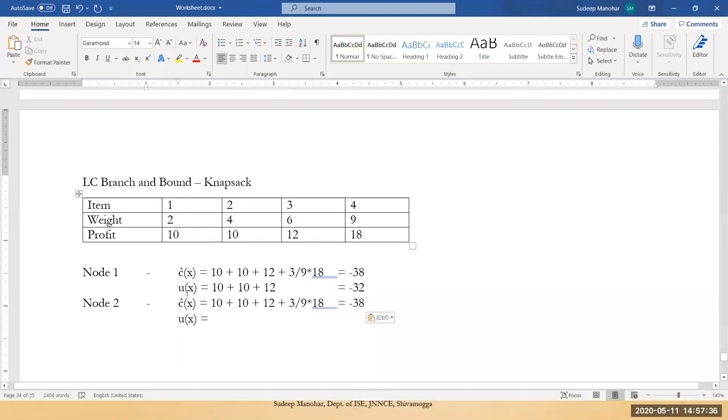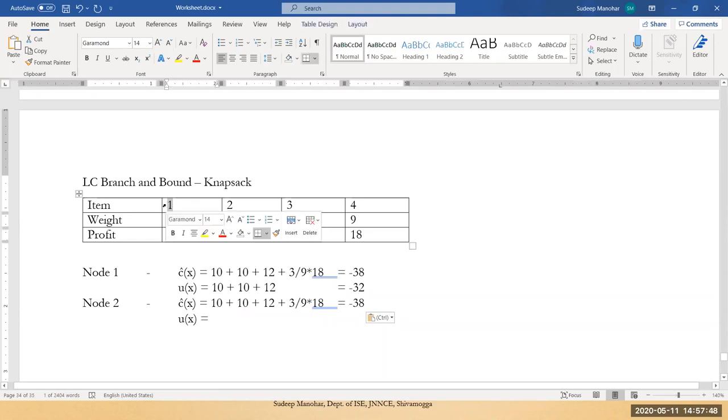Next step. What is u of x? You are not supposed to take the fraction, and node number 1 is compulsion. Now we are considering the left side, isn't it? Node number 1 is compulsion and no fraction.